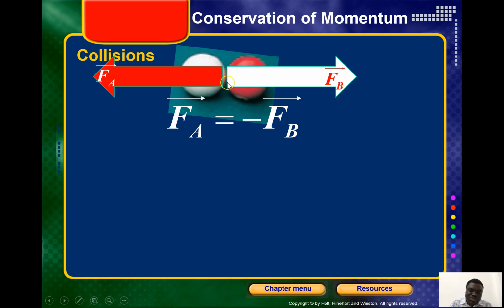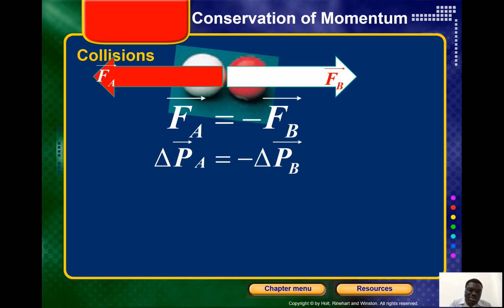Because the two balls collide and leave together, the time it takes for their momentum to change is the same. So the time will cancel out and we will have the change in momentum of A equal to the change in momentum of B, with a negative sign to indicate that the direction is opposite.